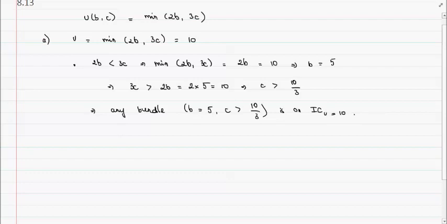Because as you can see, with b equal to 5, 2b is equal to 10, and c is bigger than 10/3, so 3c is bigger than 10.